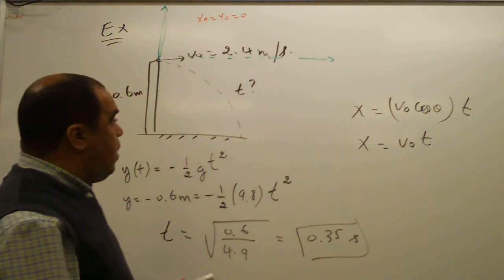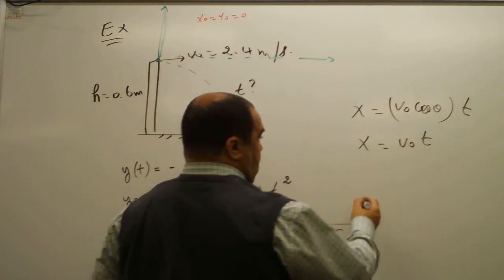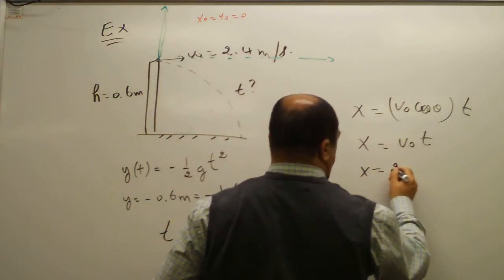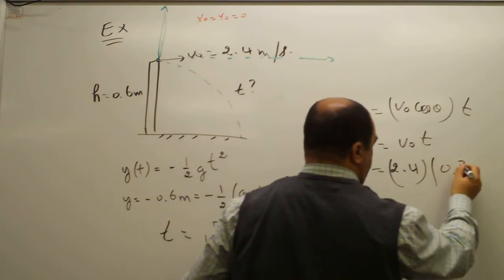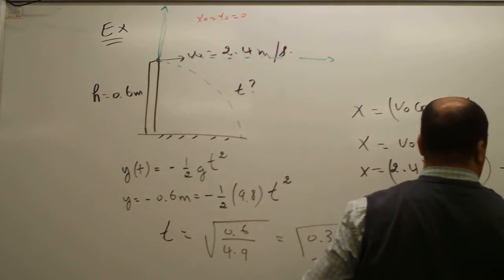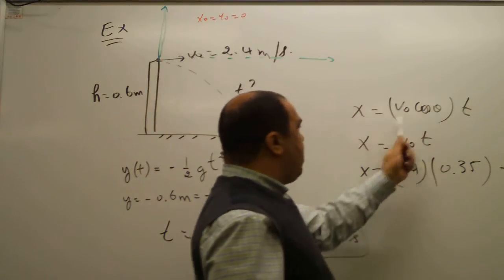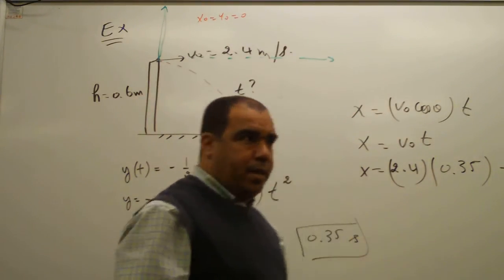So vx is just v0. And so now x is 2.4 times the time, 0.35, and so that is 0.84 meters. Notice I did not use the units here because I'm working in the SI system. The outcome will be just fine.